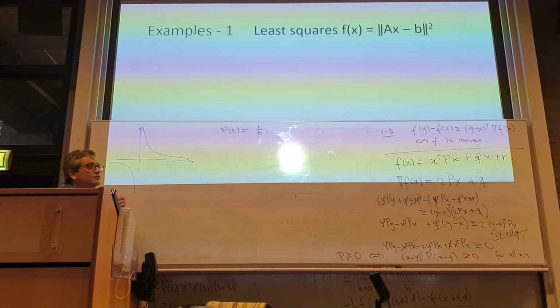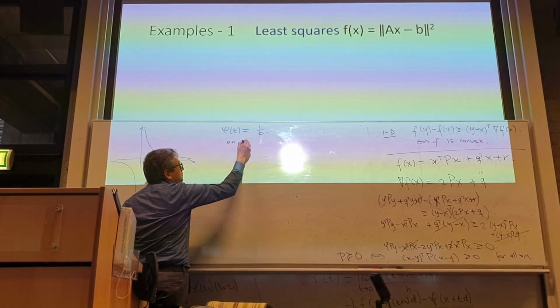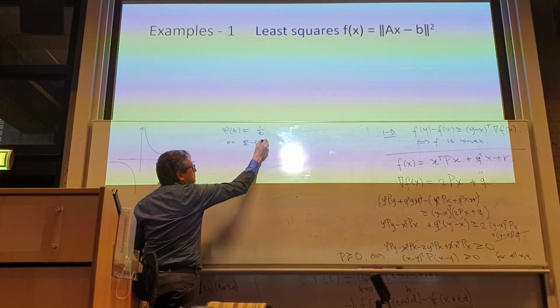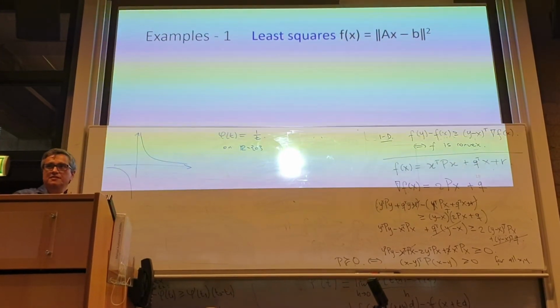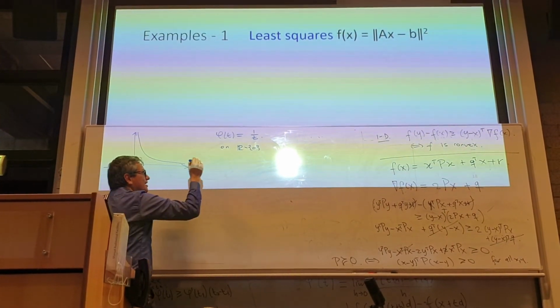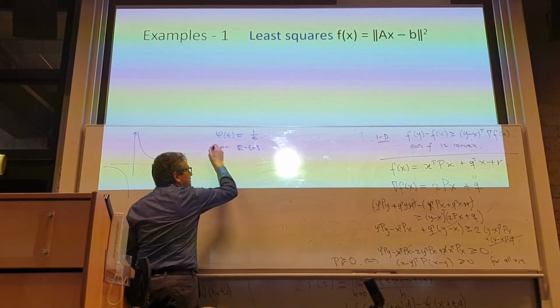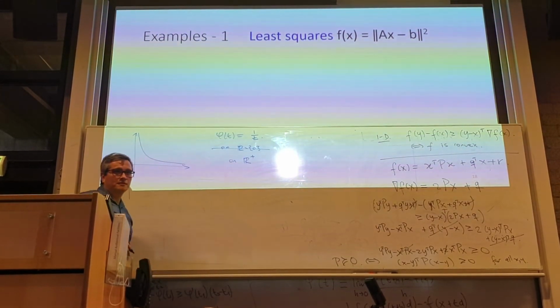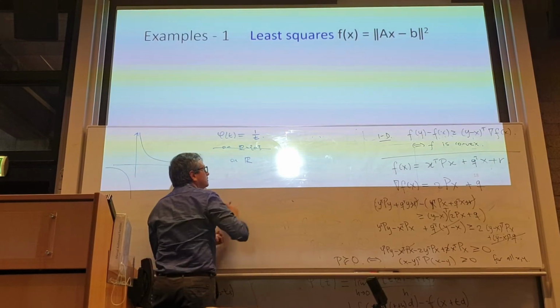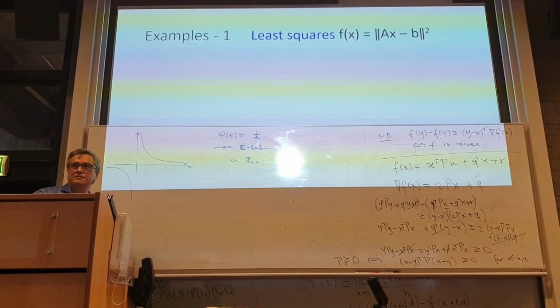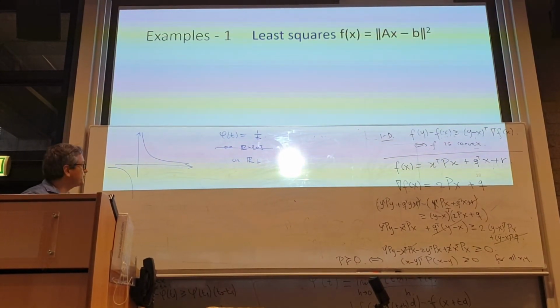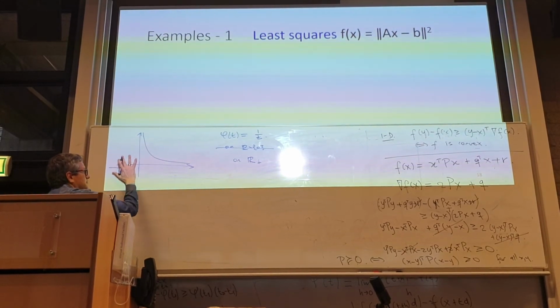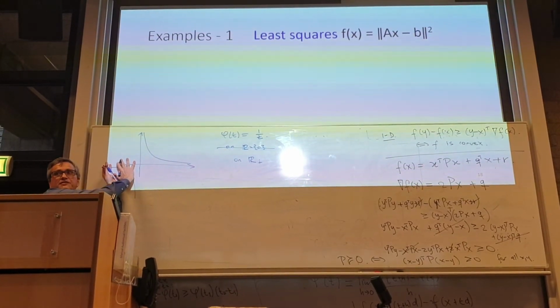So if I assume the domain R minus 0, then this function is not convex. Now if I said, well, I want this function, but not here, but on R plus, so that means I'm looking only at this part of the function, then that function is convex.